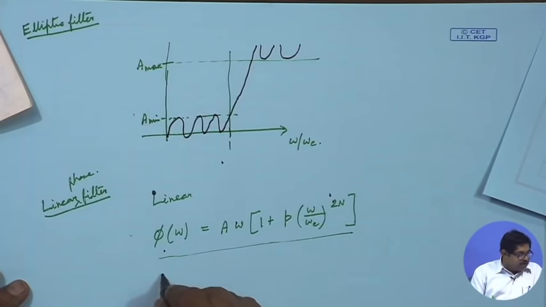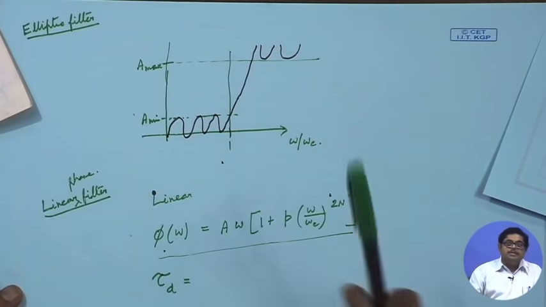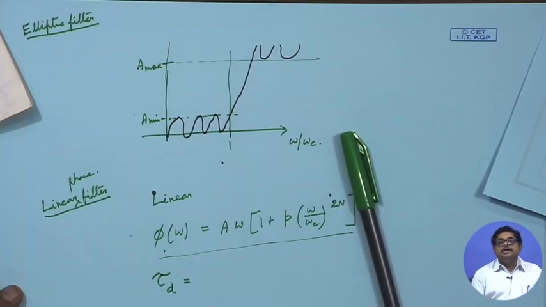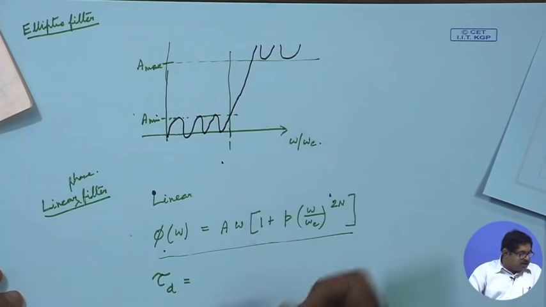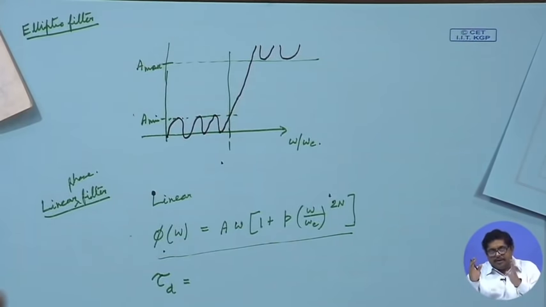Under this condition, the group delay, because that is a measure of whether I can tolerate or not, when the baseband signal, or any RF signal with a frequency spread, is moving, what is the delay between the maximum phase delay and the minimum phase delay.